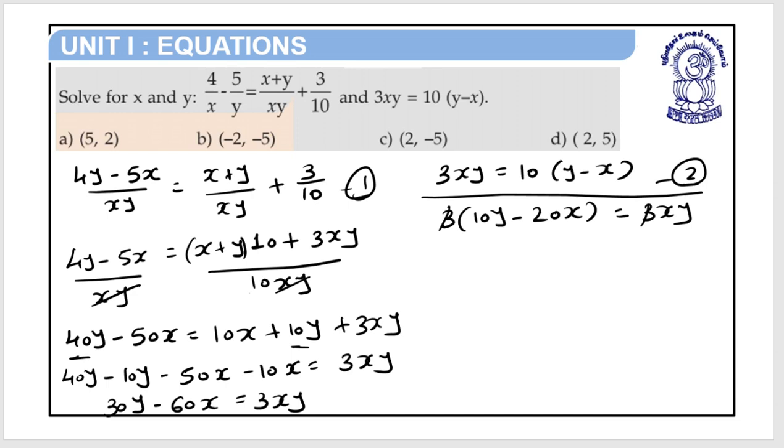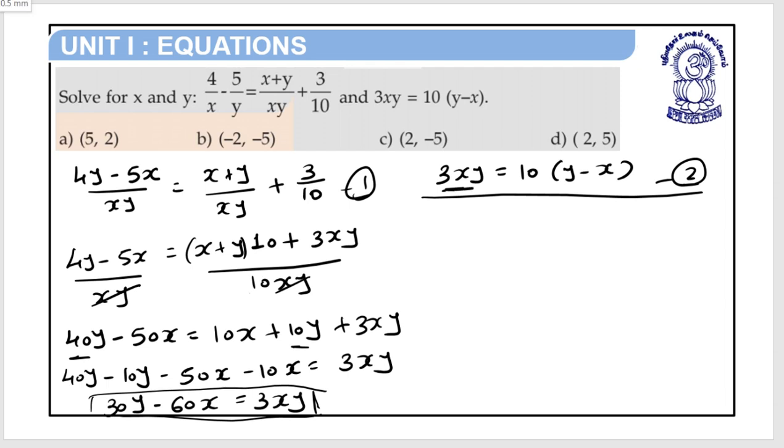Or you can also take the same equation and put the value of 3xy, so easily we will get the answer. So cancel this one and substitute the value of 3xy from equation number 2.